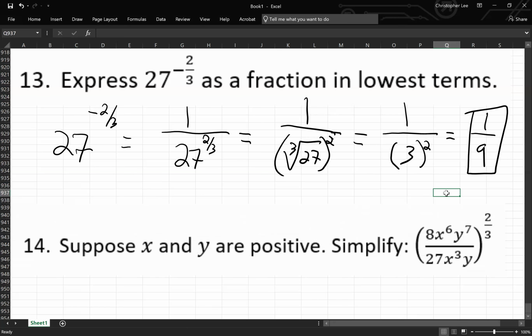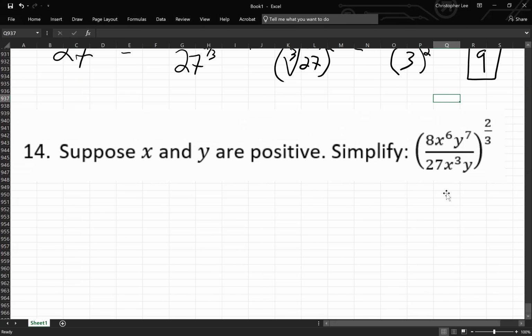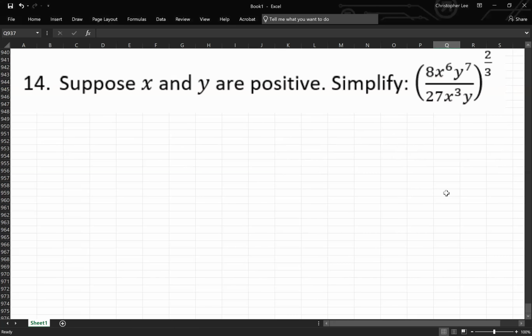This question is not bad, right? It says, suppose that x and y are positive, simplify this. All right, give y'all a chance to do this.